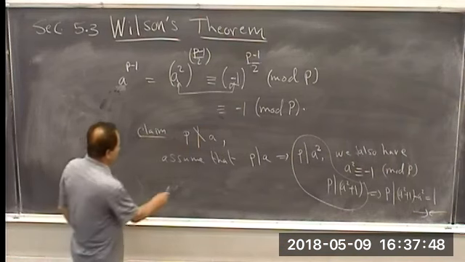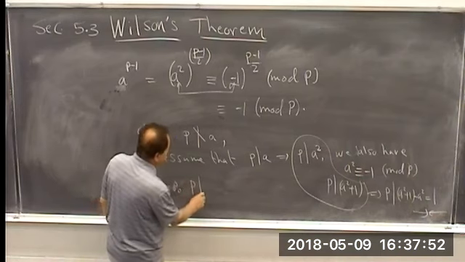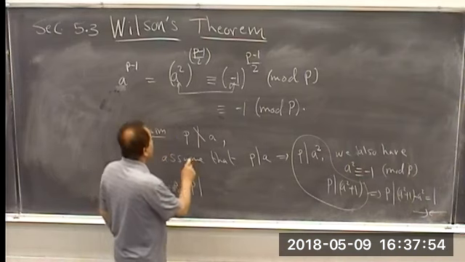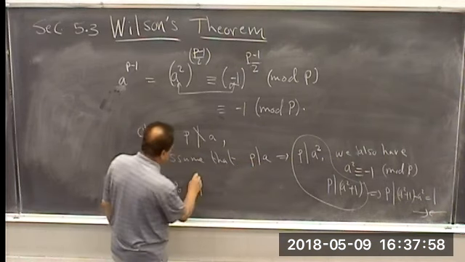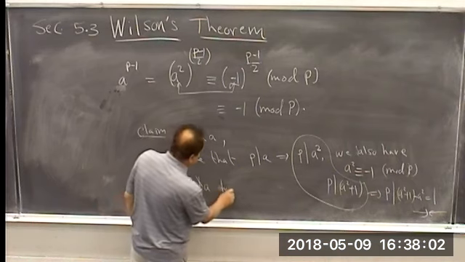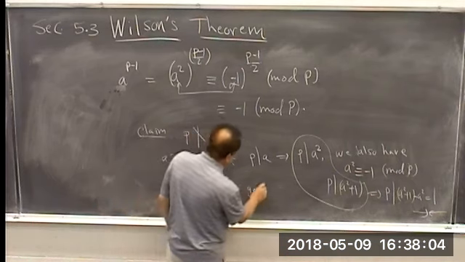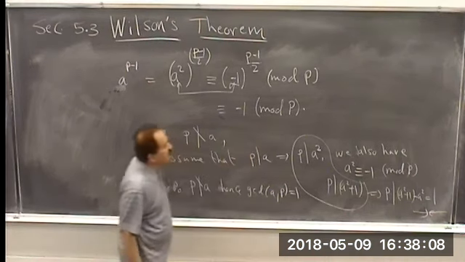Therefore P doesn't divide a, because we did it by contradiction, and hence the greatest common divisor of a and P is equal to 1.